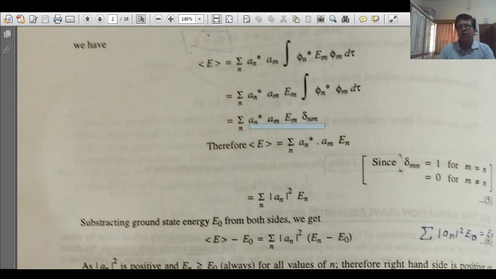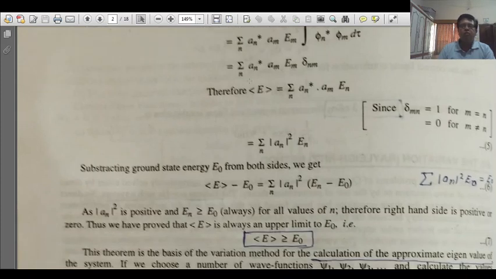So this equation becomes the expectation value of E equals summation over n of a n star a m E m. You are familiar with the Kronecker delta function: delta m n equals 1 if m equals n, and if m is not equal to n, then its value is 0.